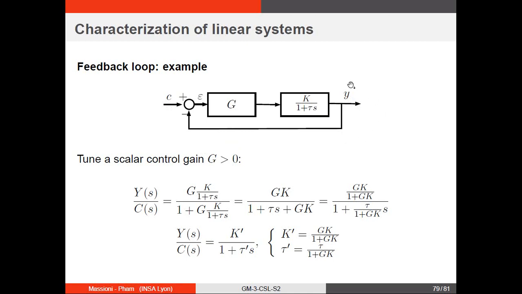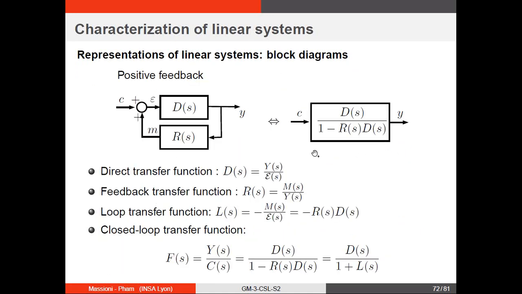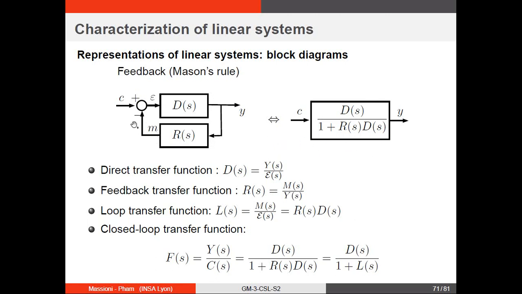So by using the rules we've seen before, we can write Y over C, which is this one. Direct line on the numerator. Let's see the rule again, just so we don't forget it. The equivalent of this one is direct line on the numerator here, divided by, with feedback loop, 1 plus RD, so 1 plus the loop transfer function, the product of all the elements.